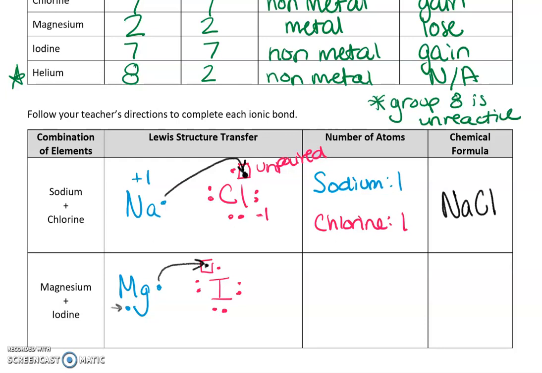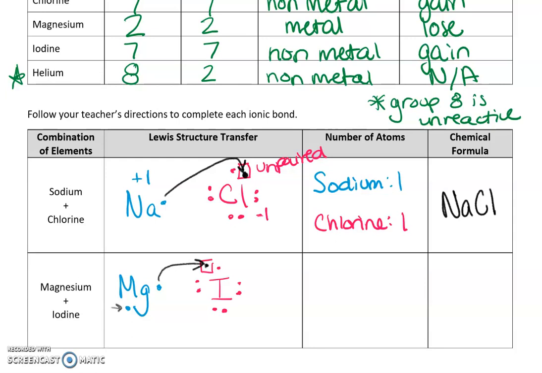So if you run into a bond where one of your atoms has a full valence shell and the other one does not, or it has extra that it needs to give up, you need to keep adding atoms in order for all of the nonmetals to have given up all of their electrons and all of the metals to give up their electrons and nonmetals to fill in their valence electron shells.